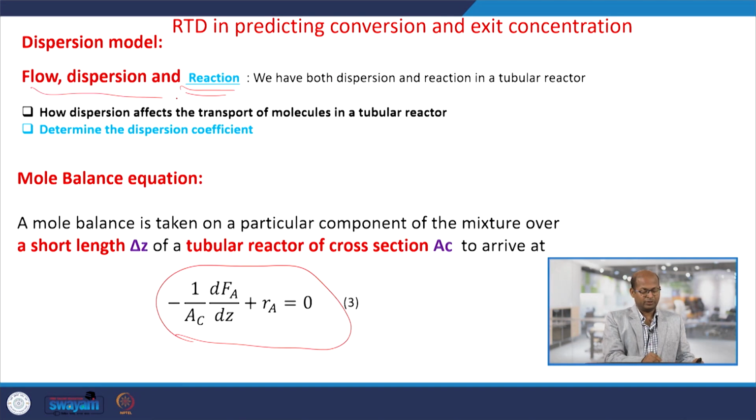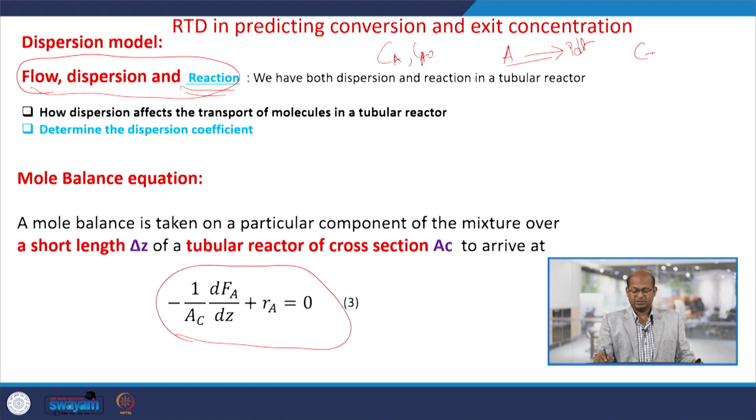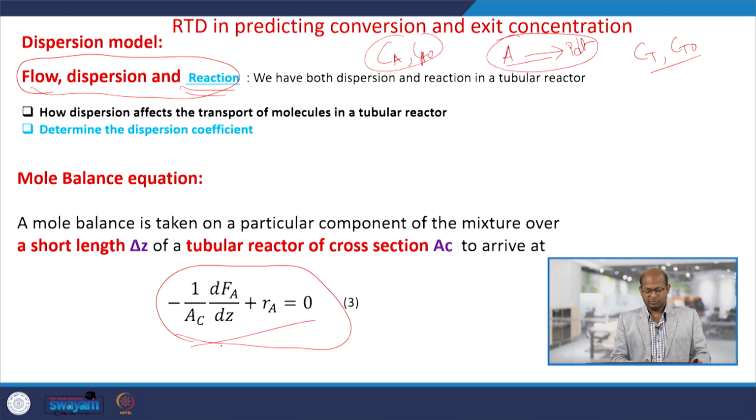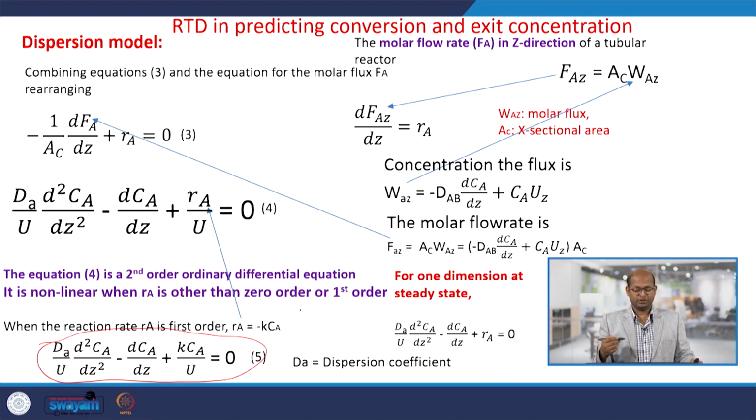When flow, dispersion and reaction are there, we have to consider Ca and Ca naught instead of Ct and Ct 0 that we used for the tracer. Now we use it this way, and for the reactions everything comes in terms of component A. Okay.